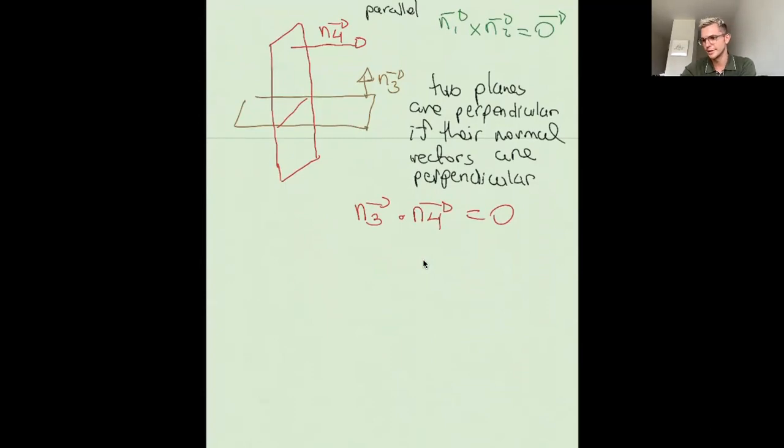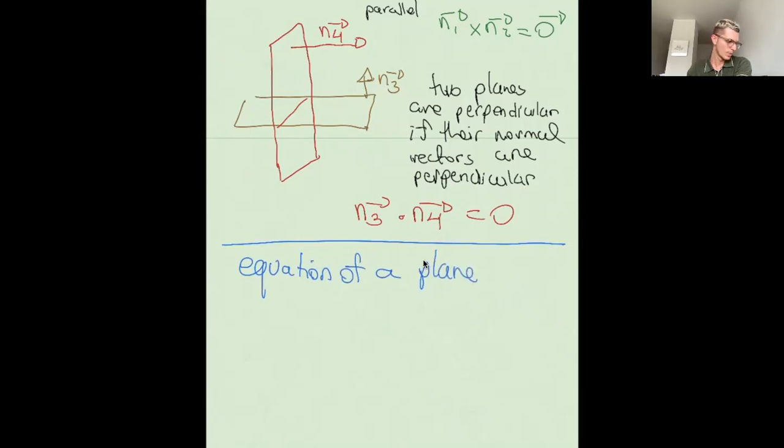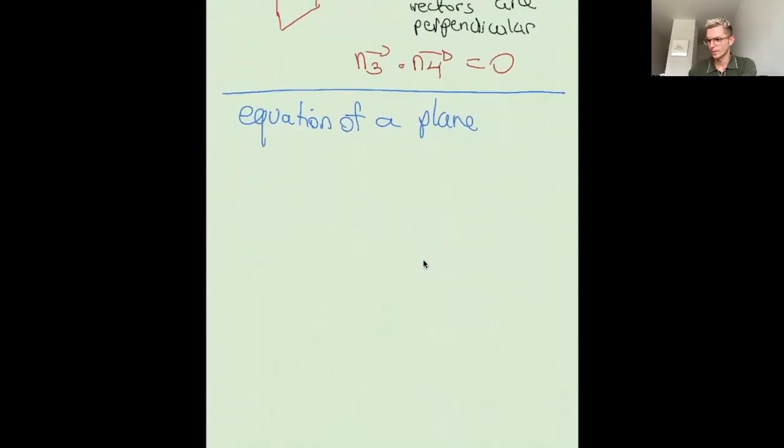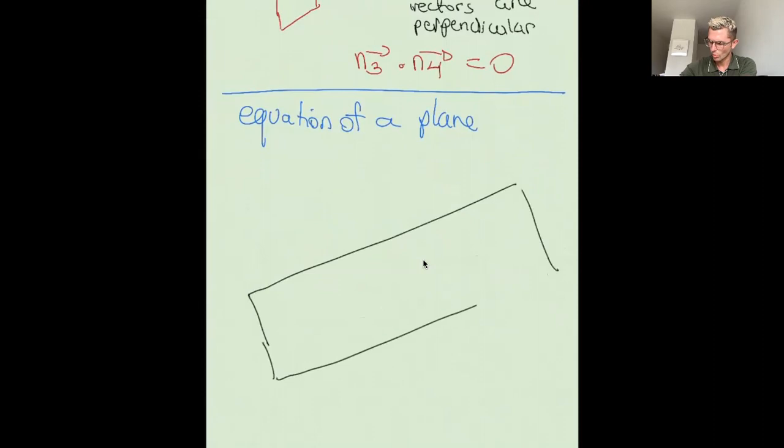So here's the equation of a plane. Imagine that you have a point on the plane which you call x naught, y naught, z naught, and you have another point on the plane which you call x, y, z.